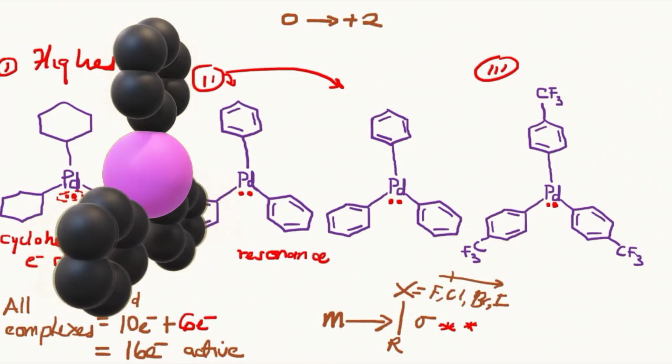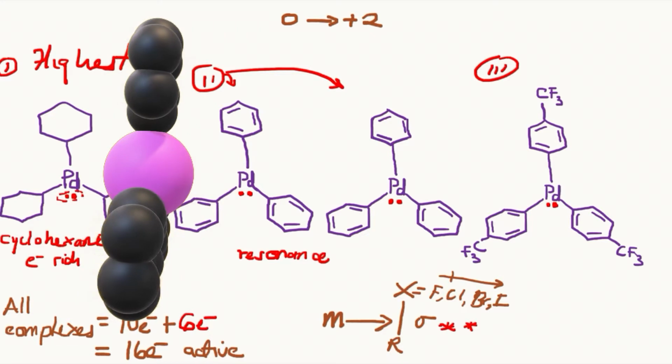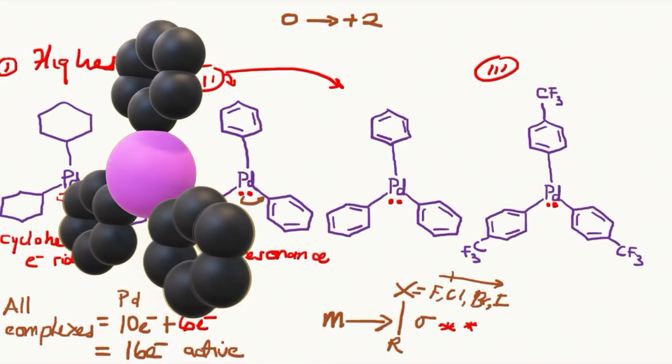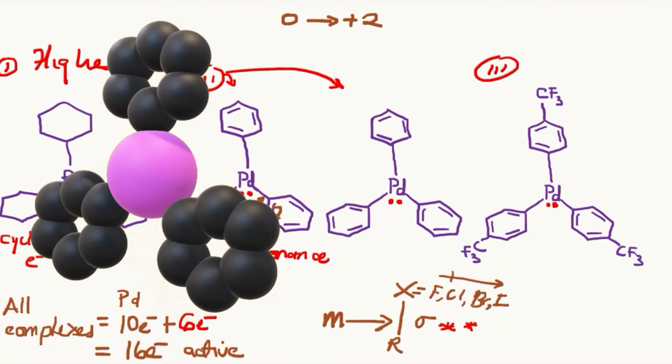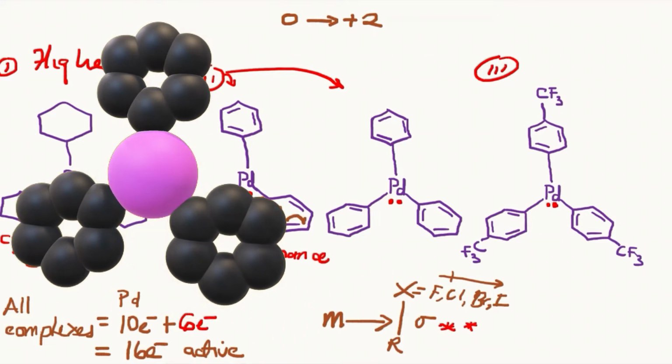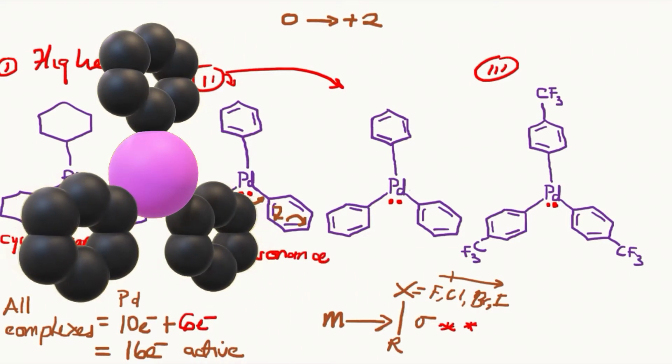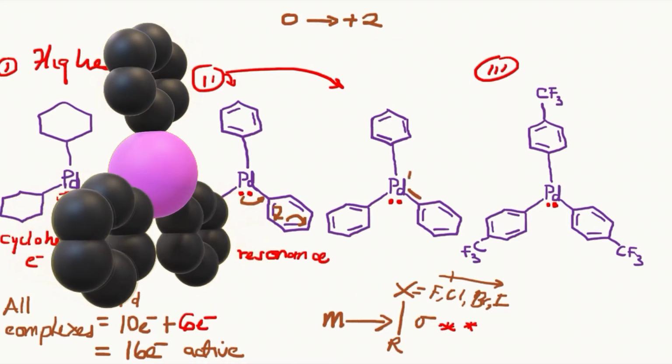And as a result, this leads to the movement of electrons going from here to there and to there, thereby creating a bond right here and making the palladium positively charged.